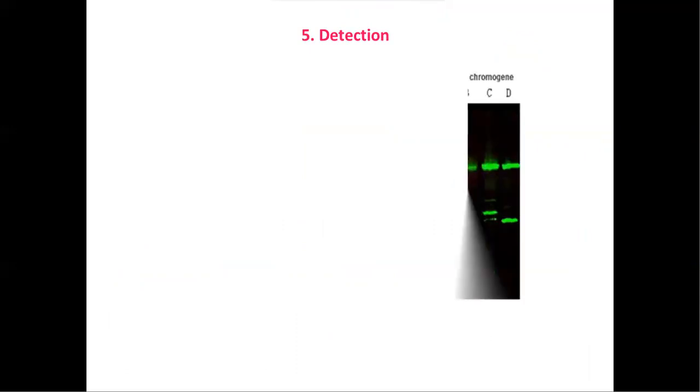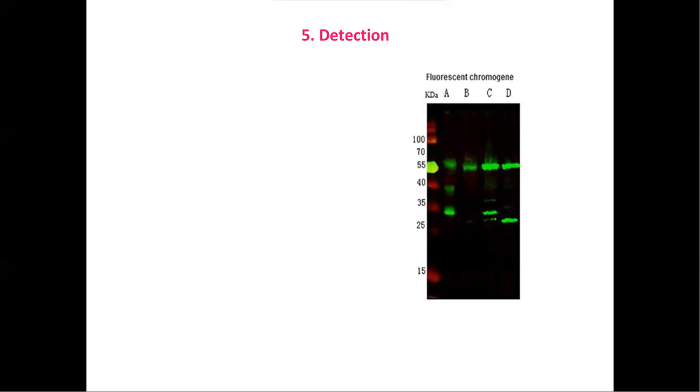Here we reach the final step, that is detection. This is a visualization step used to detect specific target antigens or proteins of interest by colored or thick protein bands. There are three main techniques used for visualizing blotted proteins.